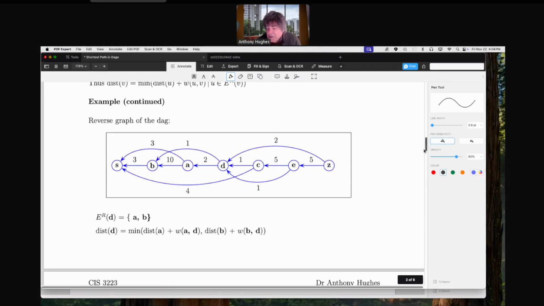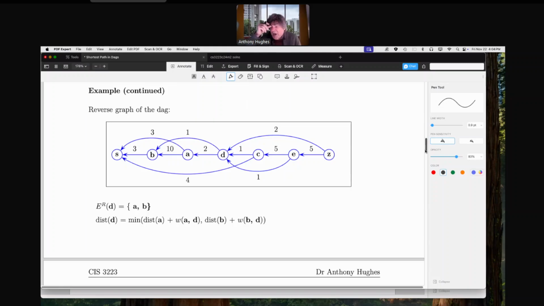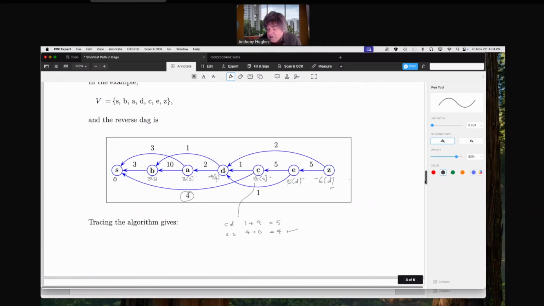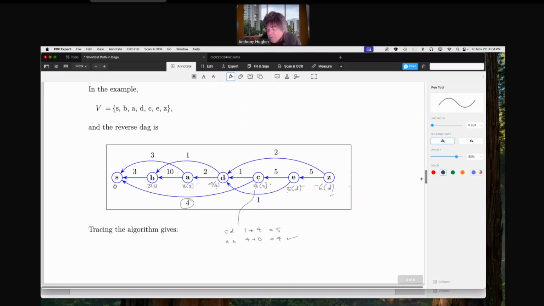There it is. So there's the reverse graph. And now what we do is we systematically move through the graph, putting in the shortest distances. So let me come back and rub this out, because it's got the answers right now.